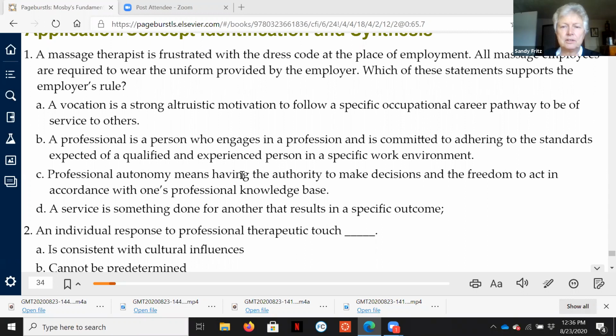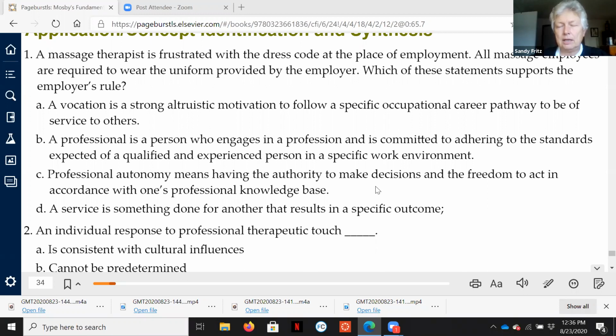So this one is going to be wrong because as an employee, you don't have universal autonomy. So you don't have all of the authority. When you make that decision to be an employee, you give up some of the authority to act.